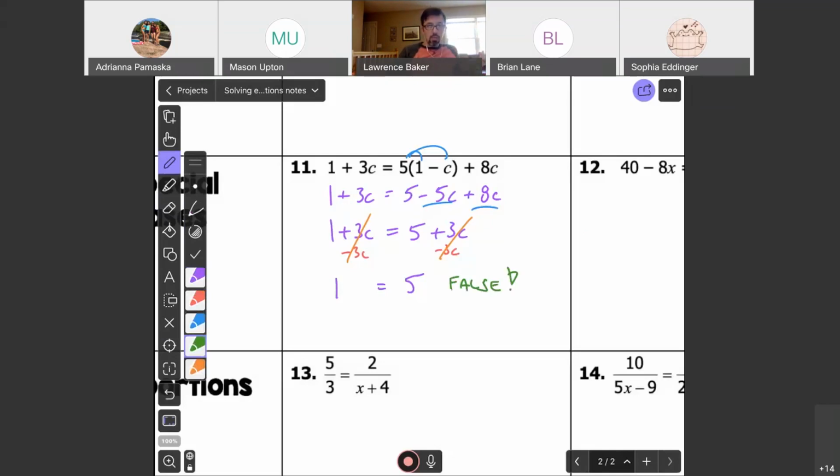Okay, so of course 1 does not equal 5, right? That's a false statement. So what that really means is that there's no answers here, or no solutions. So we can see why it's a special case, because something happened that was different, right? All the variables canceled out.